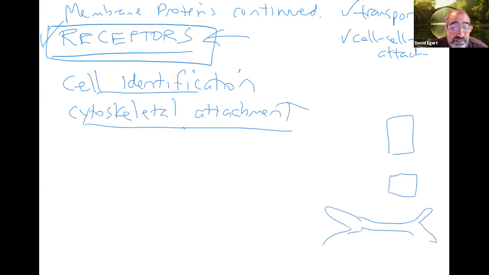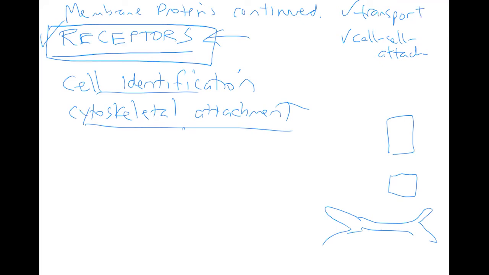That means something inside is scaffolding and has to anchor the thing and make it hold its shape. When you have endo and exocytosis, things are pushing and pulling and moving. That's got to be something from the cytoskeleton attached to the membrane. So cytoskeletal attachment, and when we get to villi or microvilli and cilia, we're going to see cytoskeletal attachment.